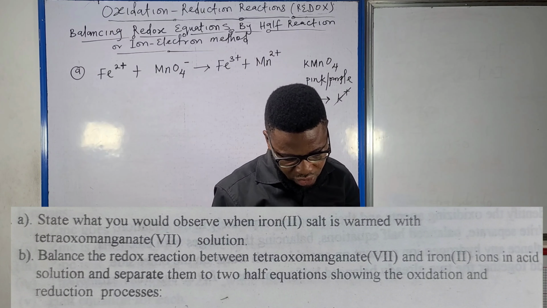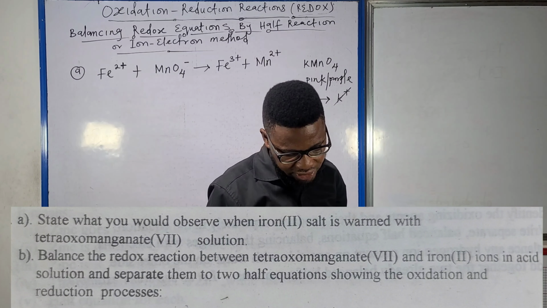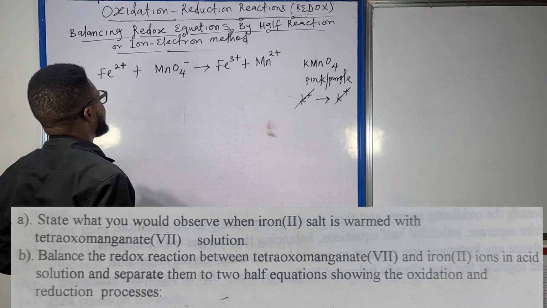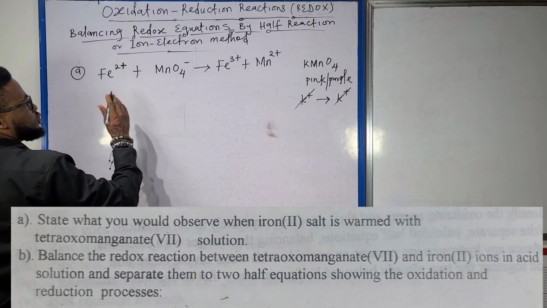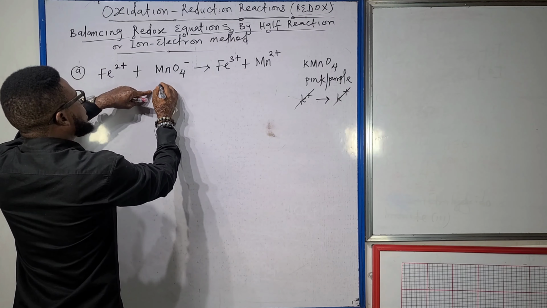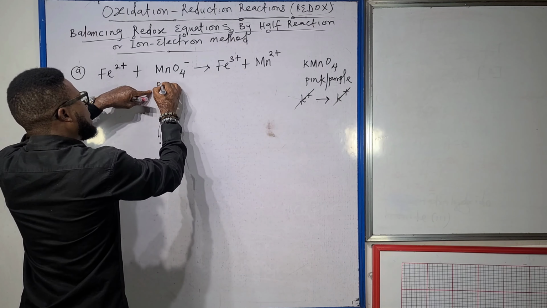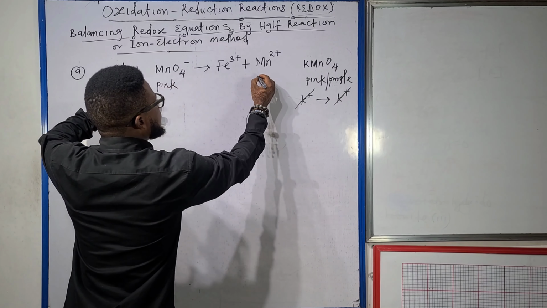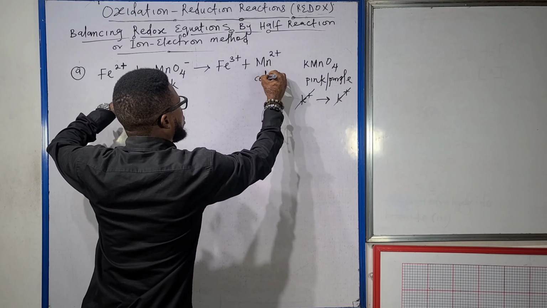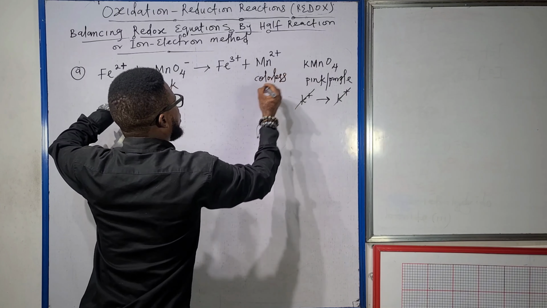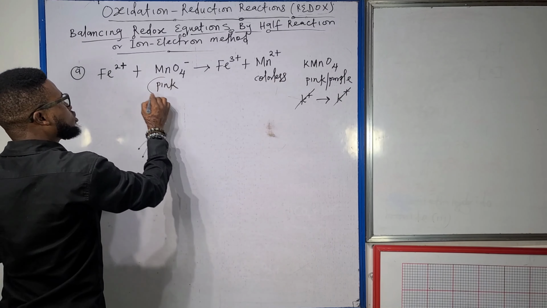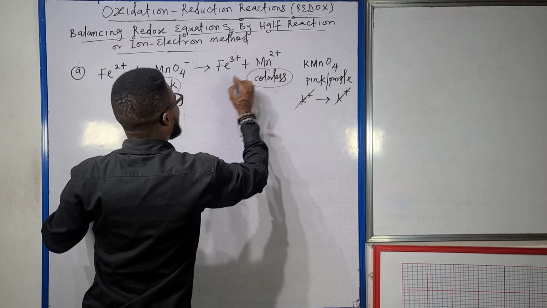So looking at question 8, telling us to state what you would observe when iron 2 salt is warmed with tetraoxomanganate 7 solution, the best approach is to first of all look at the color. The color of this is pink, and this here is going to be colorless. This is pink, and this becomes colorless.